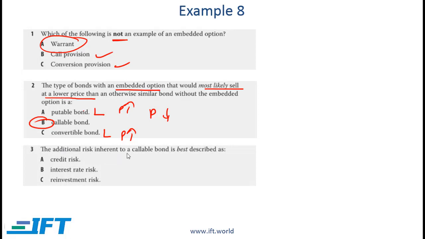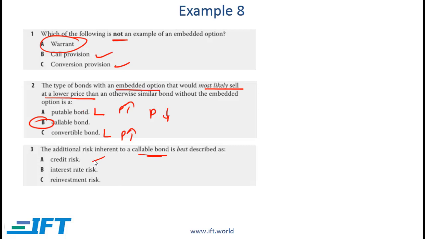The additional risk inherent to a callable bond is best described as credit risk, interest rate risk, reinvestment risk. We'll talk about these risks in more detail later, but clearly the answer is not credit risk. Credit risk has to do with the risk that the issuer will default. That's not what's happening here. In fact, it's quite the opposite.